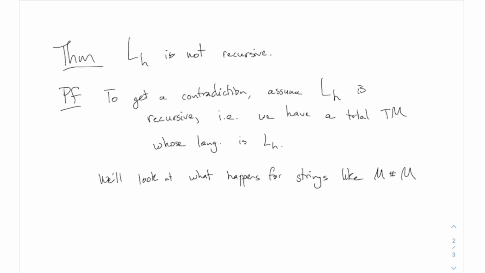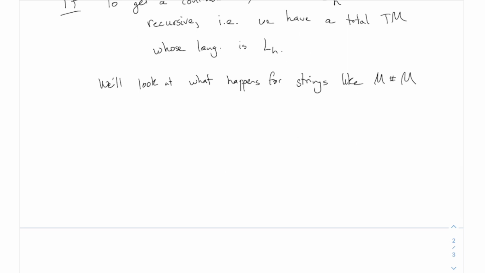Weird things happen. Check it out. So using our total Turing machine, we have a machine that can always tell you if M is going to halt on X or not.